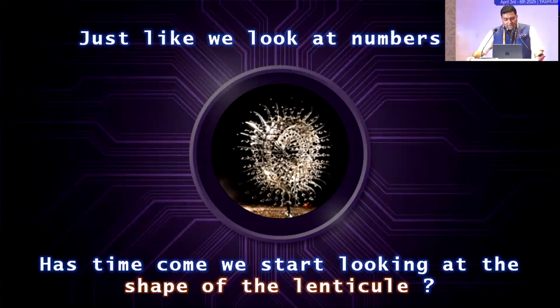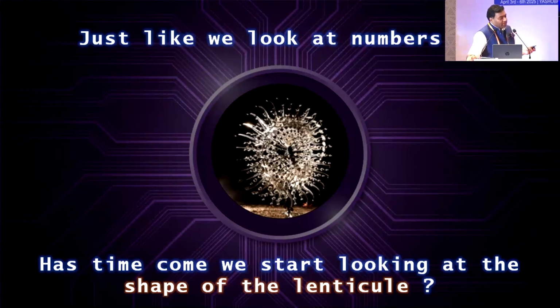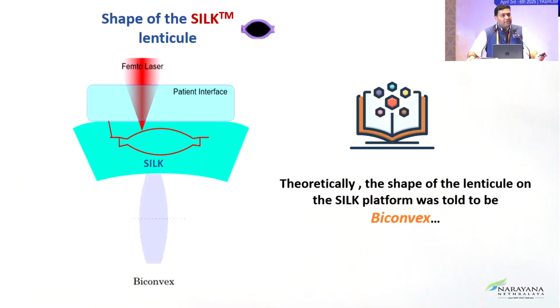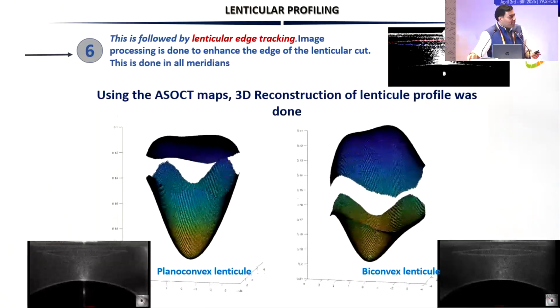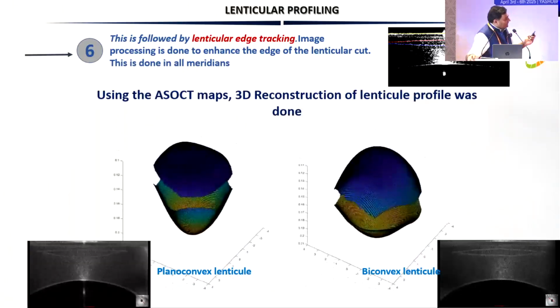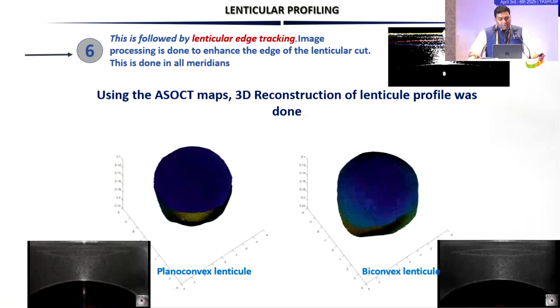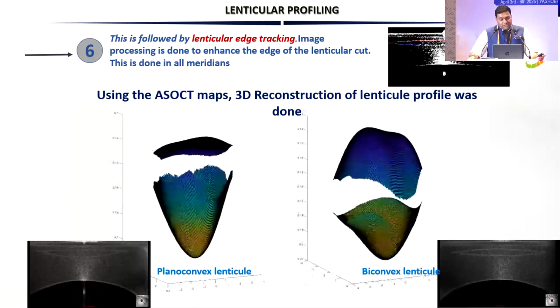Now let's look at the numbers, the shaping. Elita was one of the first to talk about the shape, because they believe that shape has many advantages. We worked on modeling, and you can see that there's a difference between biconvex and plano-convex shapes.